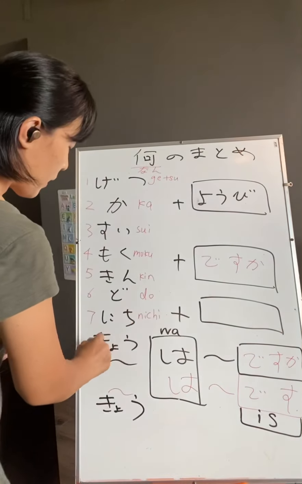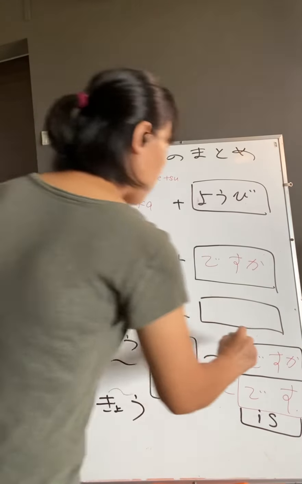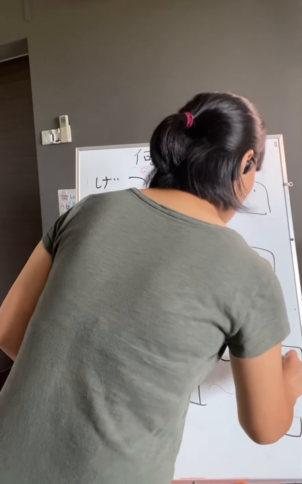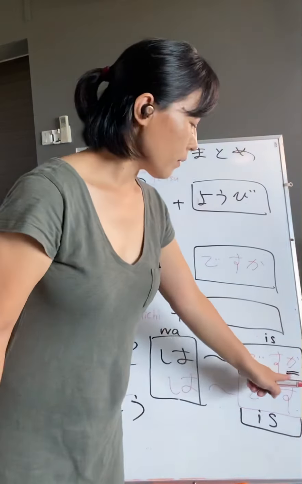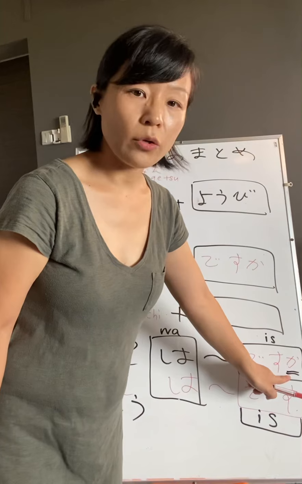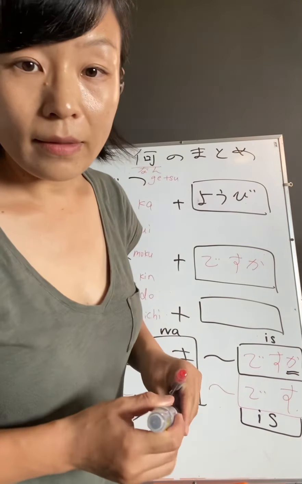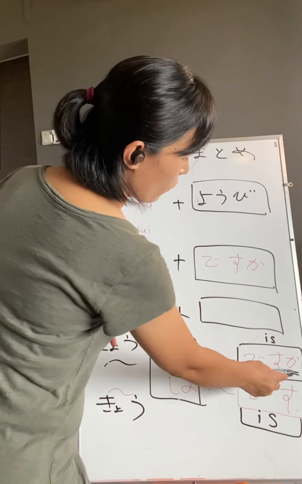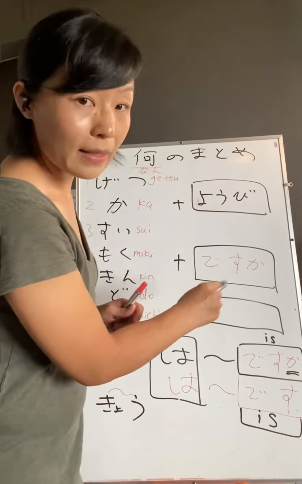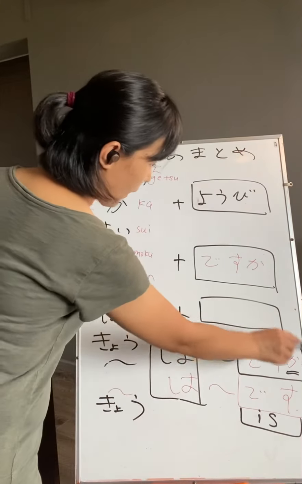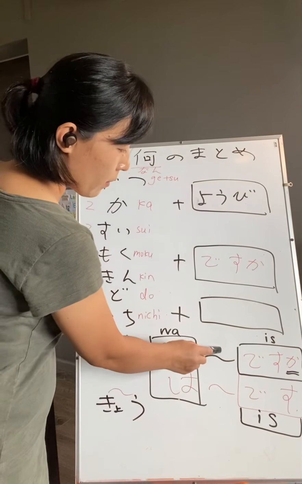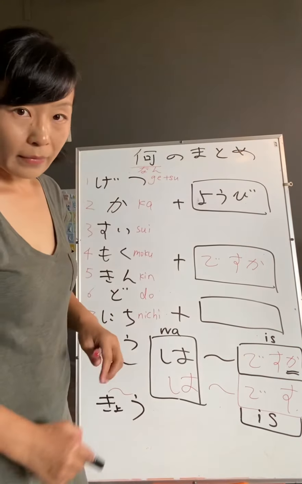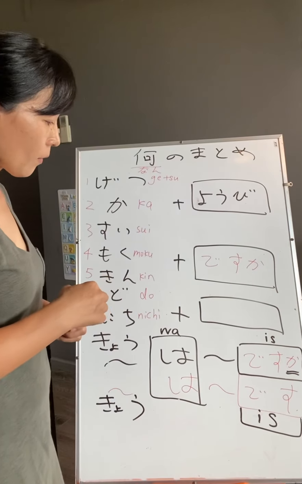Alright? Kyo means today, ne? The か, ka, turns the sentence into a question. So desu ka means this sentence is like: is today, for example, mokuyobi? Mokuyobi, all right?